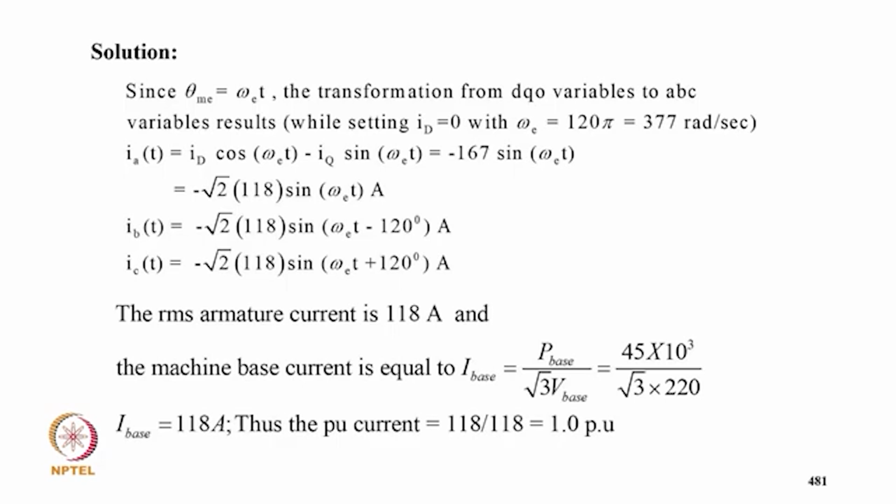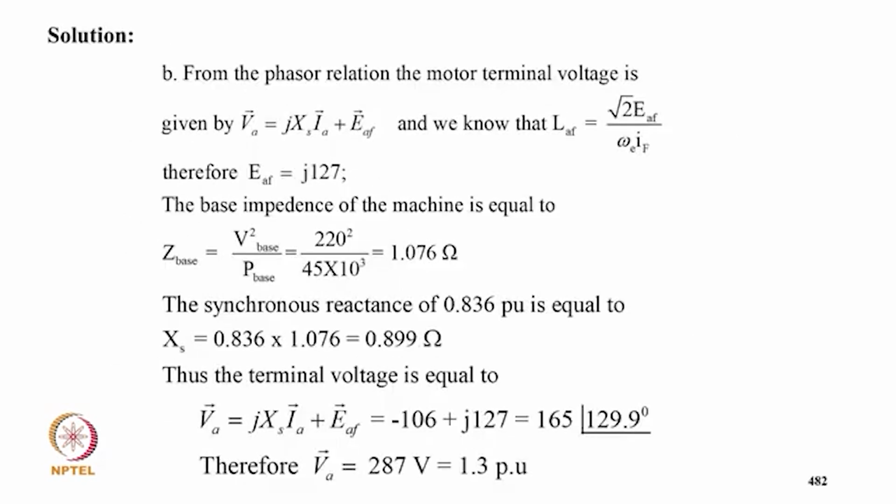Thus the per unit current is 1.0. And coming to part B, from the phasor diagram, the terminal voltage is VA equals j XS IA plus EF, where LF equals root 2 EF upon omega IF. So EF comes to 127. The base impedance of the machine is Z base equals V base upon I base, so it comes to 1.076 ohm, and the synchronous reactance of 0.836 per unit gives XS equal to 0.899 ohm.